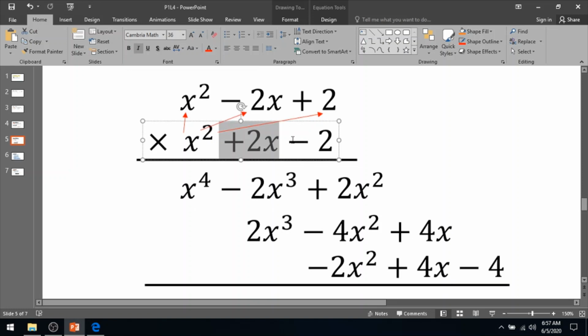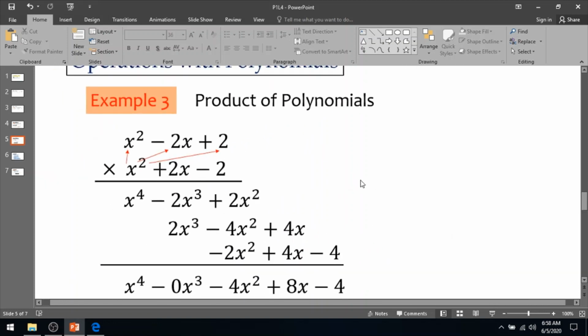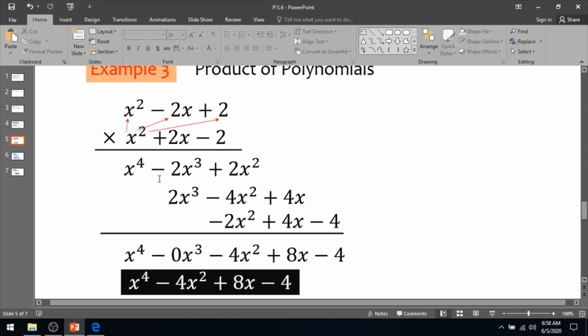And here for the third term, negative 2 times x squared is negative 2x squared. And negative 2 times negative 2x is positive 4x. And negative 2 times positive 2 is negative 4. So simplifying further, we're combining like terms again, because that is the process of multiplying. Bring down x to the fourth.